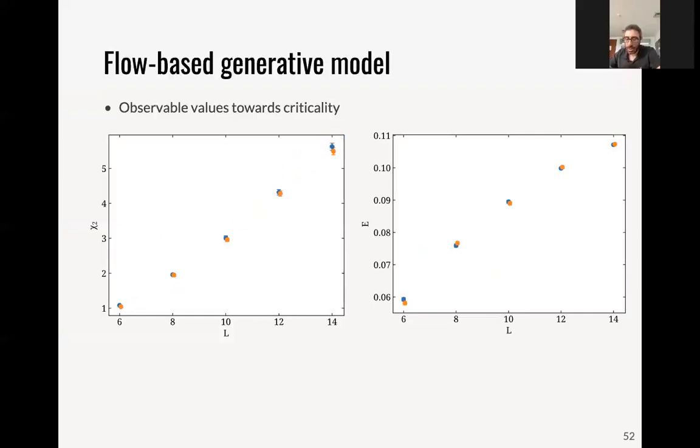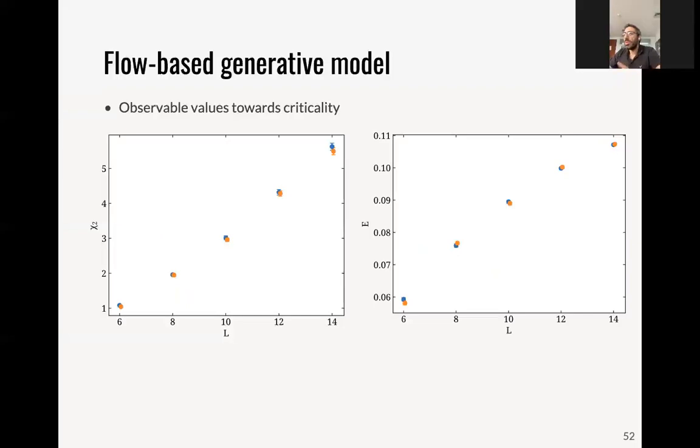Of course this is something that has to happen, otherwise we're getting something wrong. So this is a critical check that indeed the observables are the same, whether you generated these fields with machine learning or with a Metropolis.